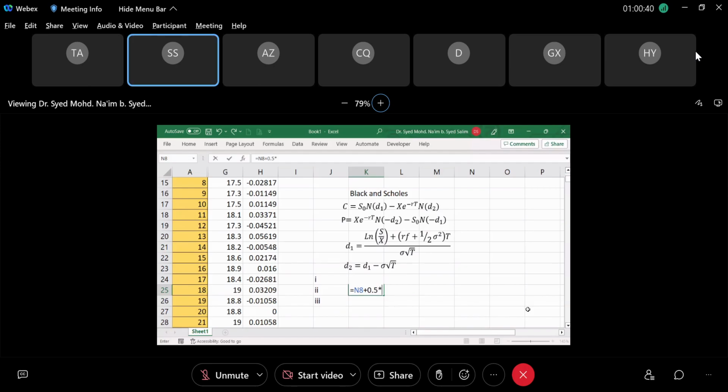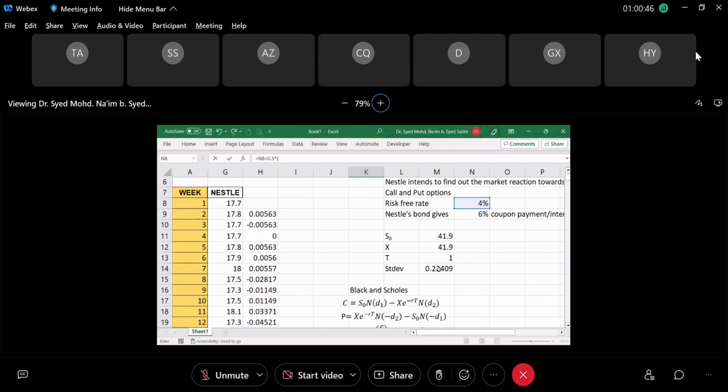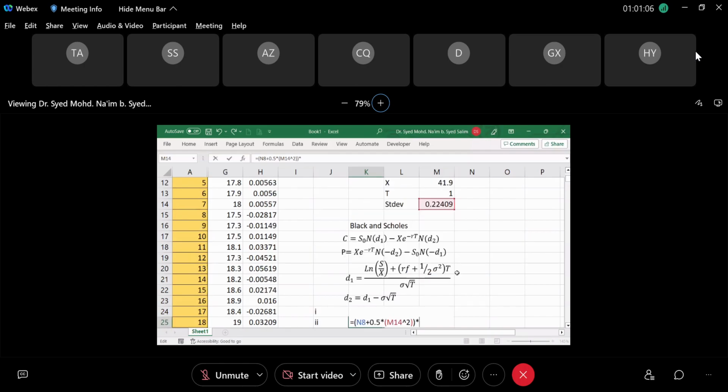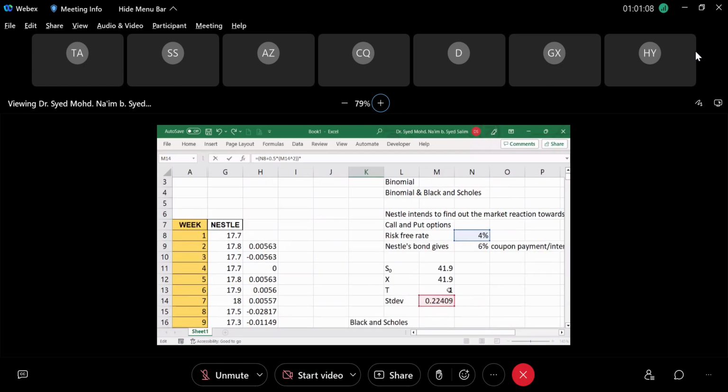We don't have variance, we have standard deviation, so just square it in the bracket, then multiply with t, which is equal to 1.